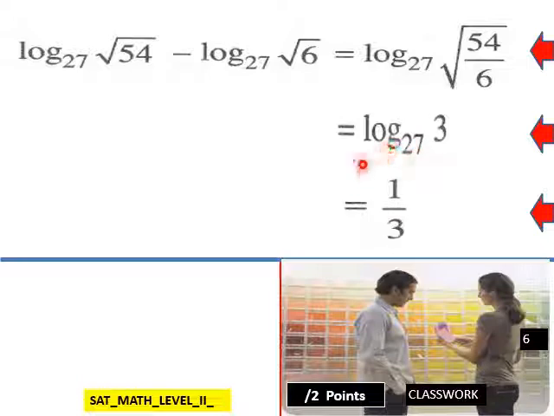So basically the question is what power of 27 will equal 3, and the cube root of 27 will equal 3.